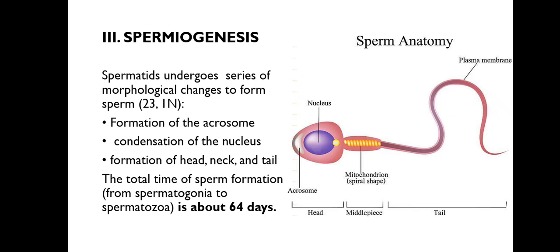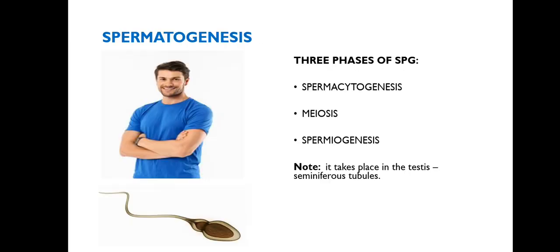So this is the part that concludes spermatogenesis in males. Why? It's because we said spermatogenesis in males involves 3 stages. We've looked at spermatocytogenesis, where you had the primordial germ cells, originating from the walls of the yolk sac and arriving in the testis at week 6 of fetal life, and they remained dormant until puberty.